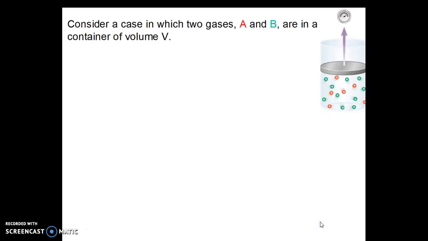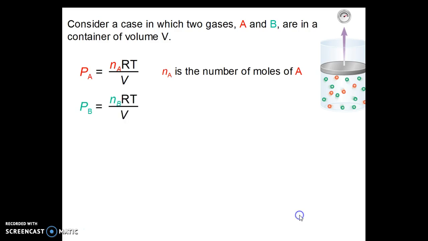If we consider a case in which two gases, A and B, are in that container, and they're in that same volume that the individuals had, we see that the pressure of gas A is found by the PV=nRT relationship, where Na is the number of moles of A, and the pressure of B is found by the same relationship using the number of moles of B instead.